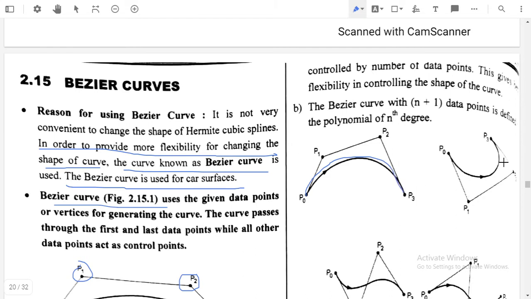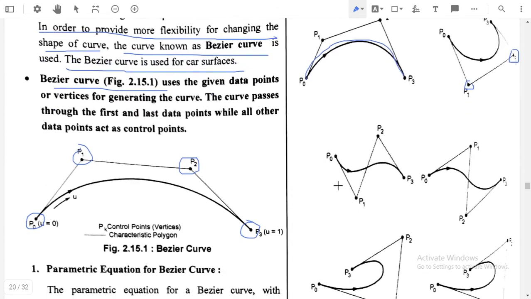If we change the position of the data points, means the starting point and end point are at the same position, but if we change the position of the control points P1 and P2, then the shape of the Bezier curve gets changed.